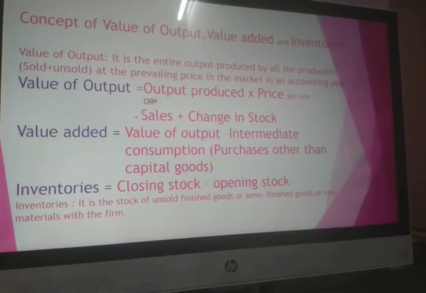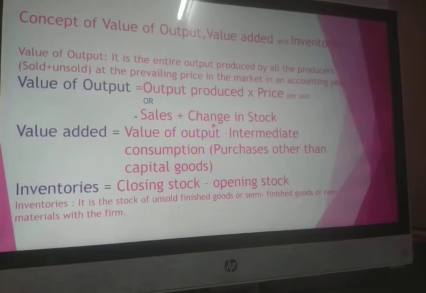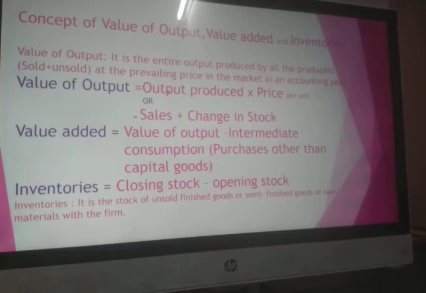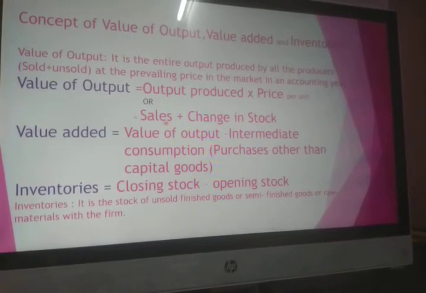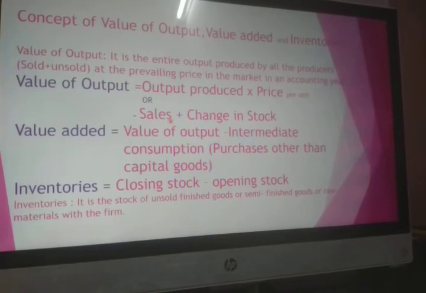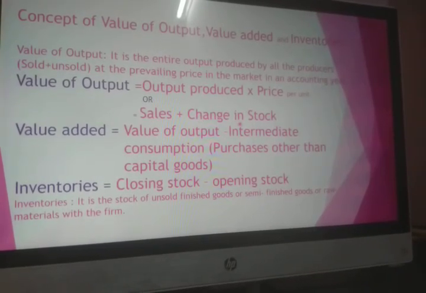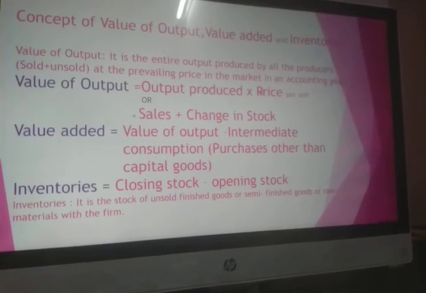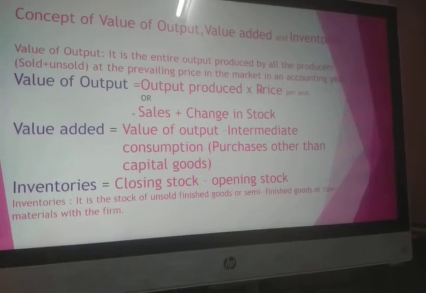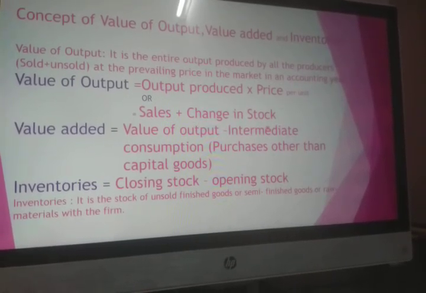This we can also calculate as sales plus change in stock. That means output produced by the producer can be sold in the market, that you call sales, and what remains unsold is the change in stock. That means this output, if valued in terms of some price, is both sold and unsold.